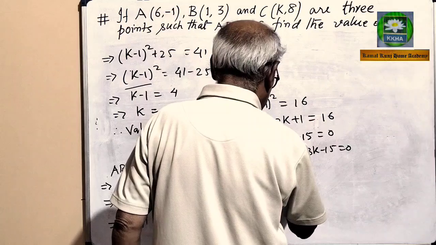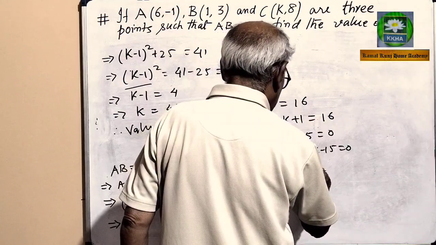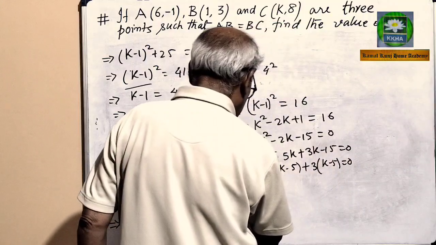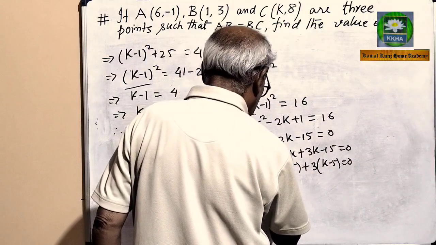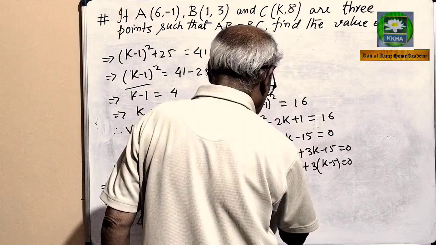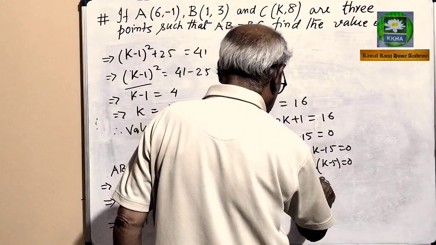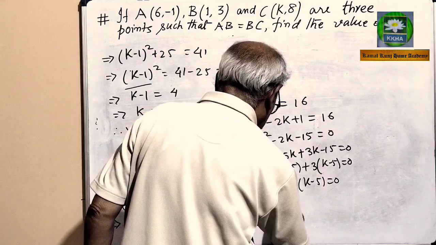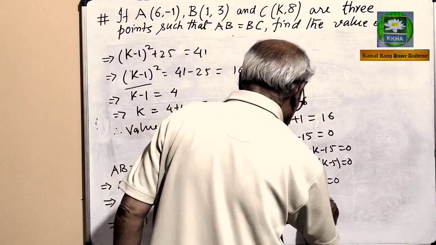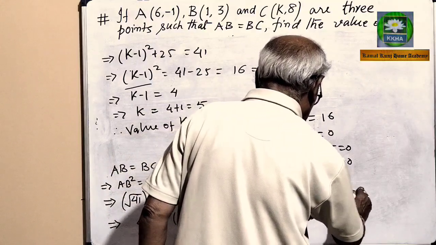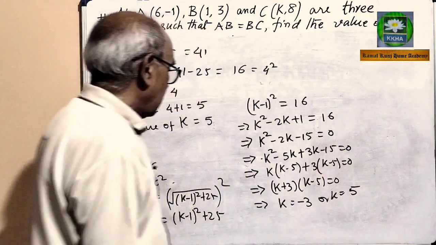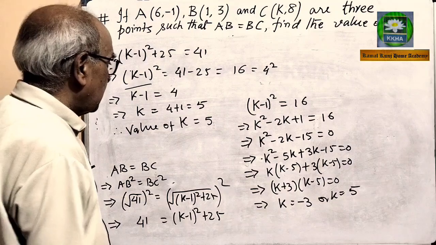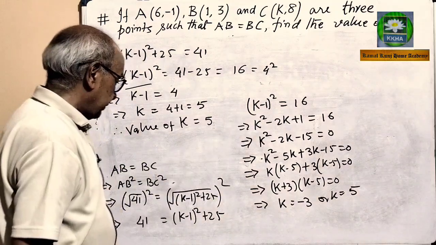So K into (K minus 5) plus 3 into (K minus 5) equal to 0. This implies that (K plus 3) into (K minus 5) equal to 0. This implies that K is equal to minus 3 or K is equal to 5. So there will be two values of K, because this is a quadratic equation.